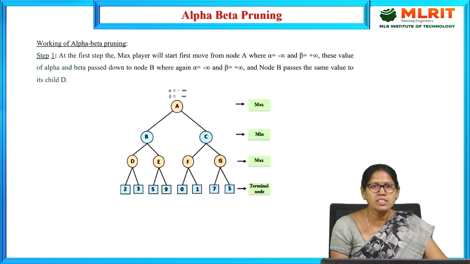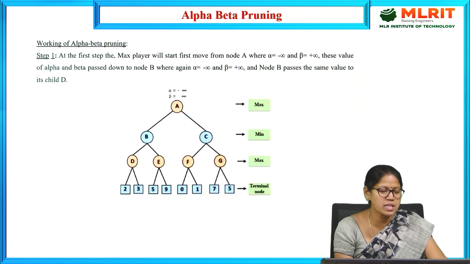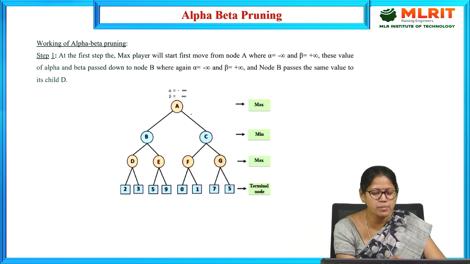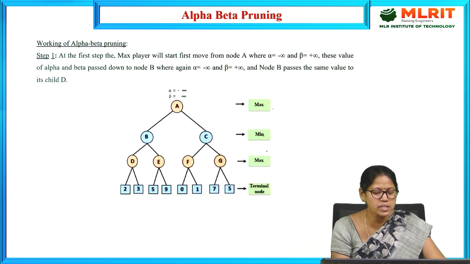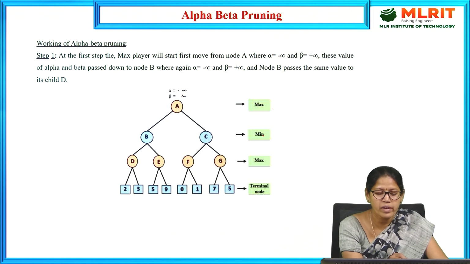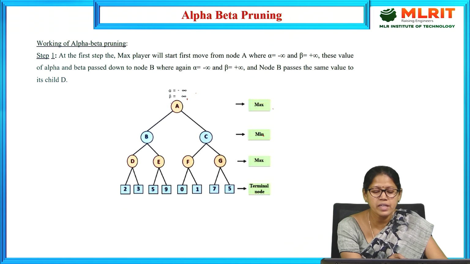Let's see how it works with an example. Here we have taken one game tree, and we are applying alpha-beta pruning. The first player is max, followed by min, because the players play alternately. Initially alpha is minus infinity, the lower bound, and beta is plus infinity, the upper bound.